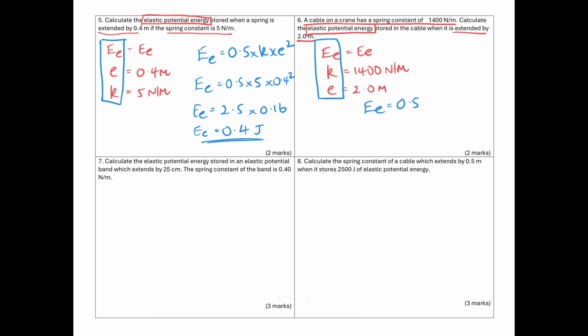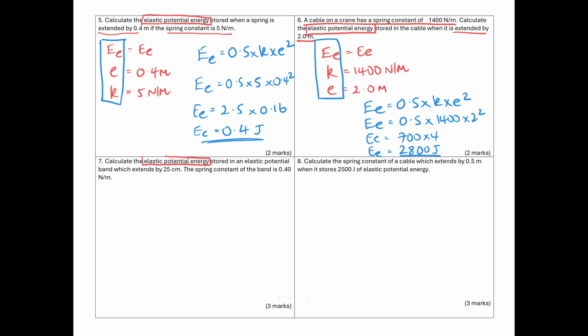And like before, elastic potential energy is a half times spring constant times the extension squared. We can then substitute in the values, so 0.5, rather than k is 1400, and the extension is 2 squared. So that's 0.5 times 1400 is 700, 2 squared is 4, and then we've got the answer of 2800 joules.